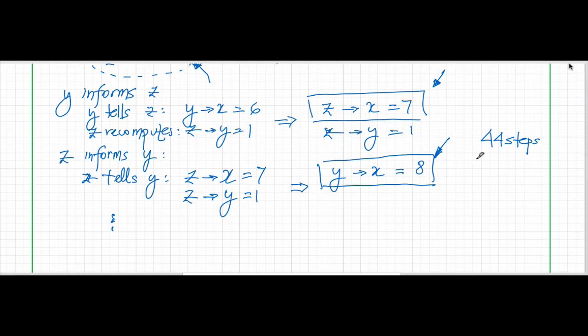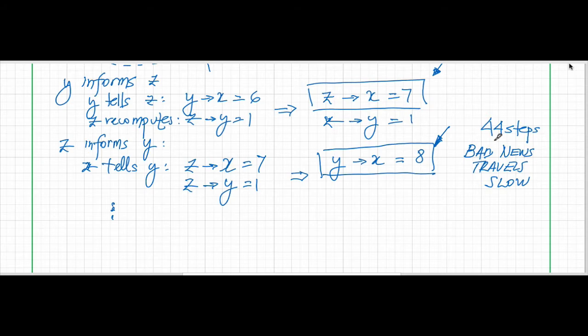Now, in contrast to what we saw before, bad news travels very slow. So this change from 4 to 60 propagates very slowly in the network. In this case, 44 steps.